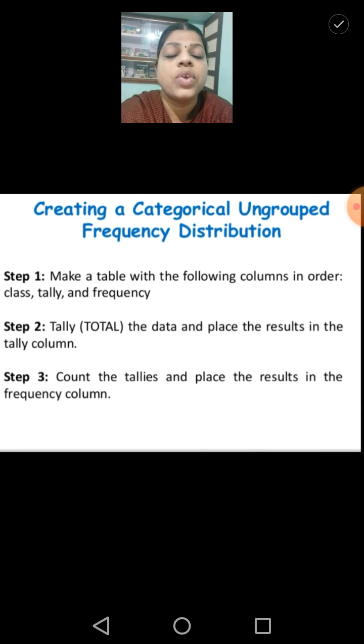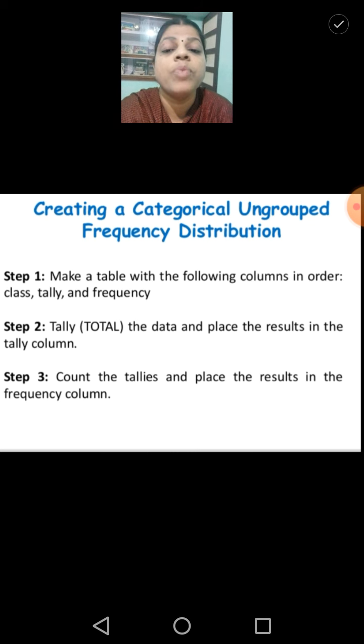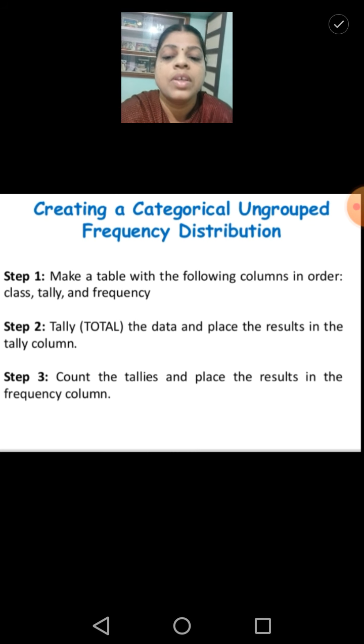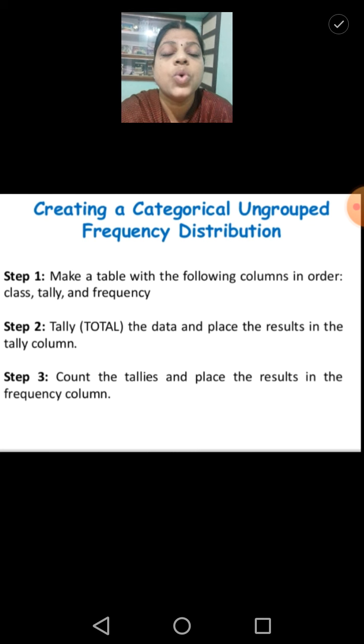So here are the few steps to form a frequency distribution table. First, we have to form a 2-column table, or if tallies are also included, we have to form a 3-column table.